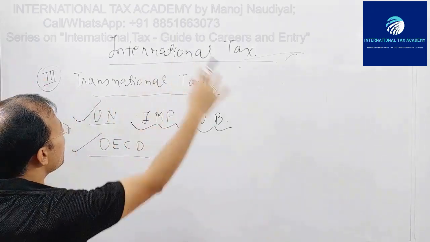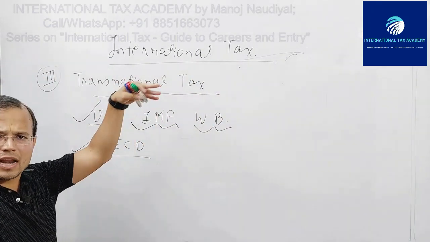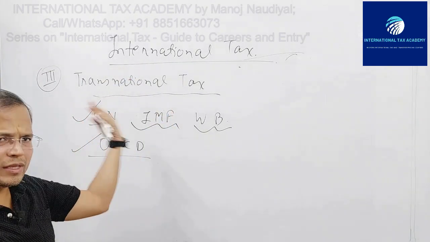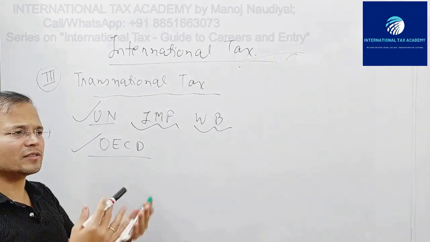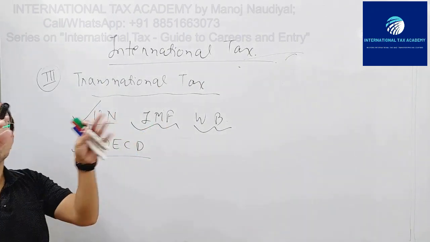So all this is within the folds of transnational tax, the truly international aspect, wherein all the countries pool their efforts and resources and coordinate to solve the problems faced by the tax systems of almost every country. Fine.